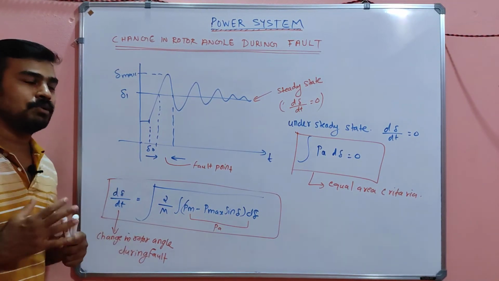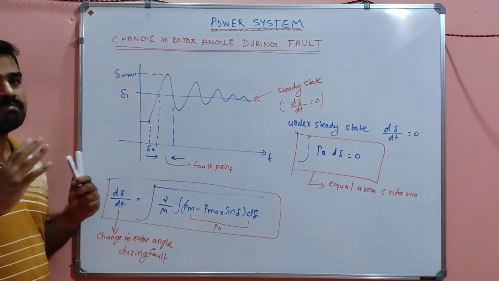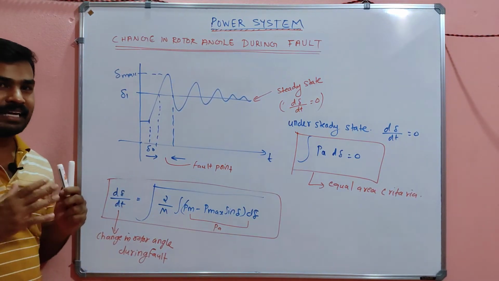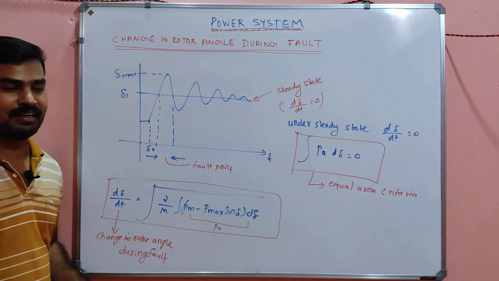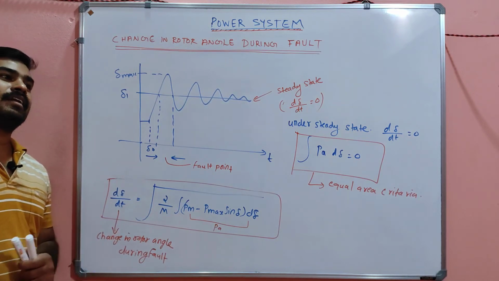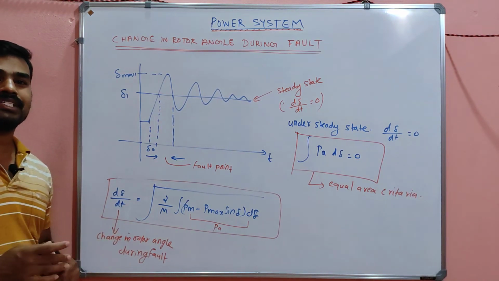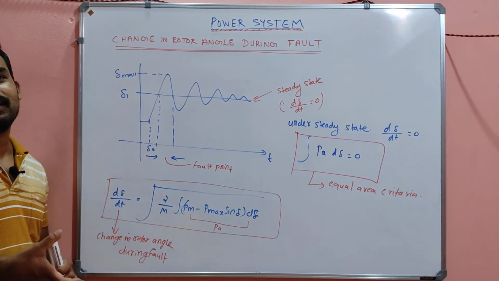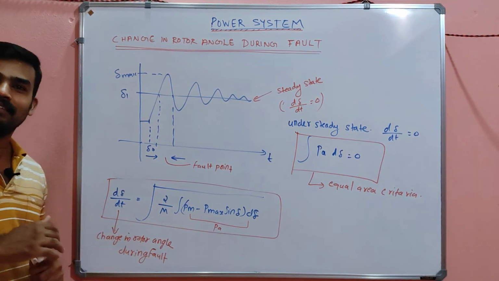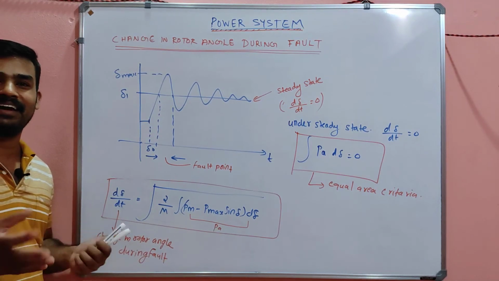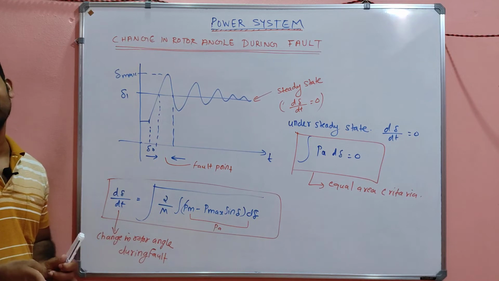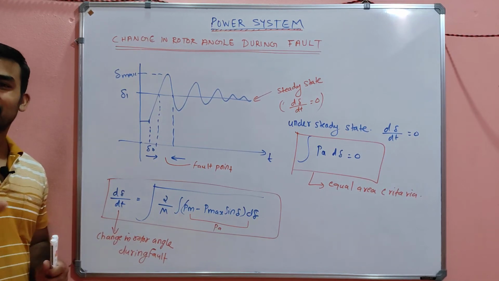I have already told you that this is not a simple concept. Power system analysis is not that simple, my dear. That's why only in higher level examinations you can see problems regarding this. In lower level examinations, you only see generation, transmission and distribution.